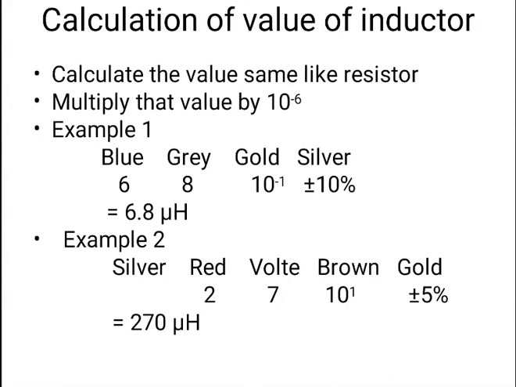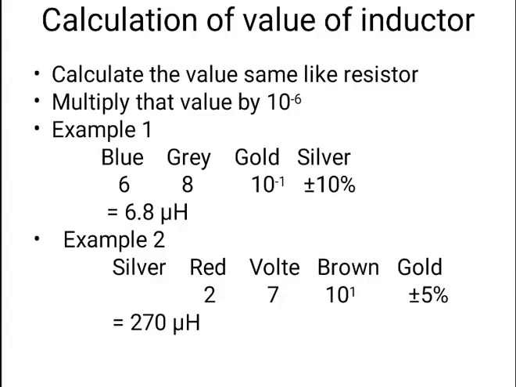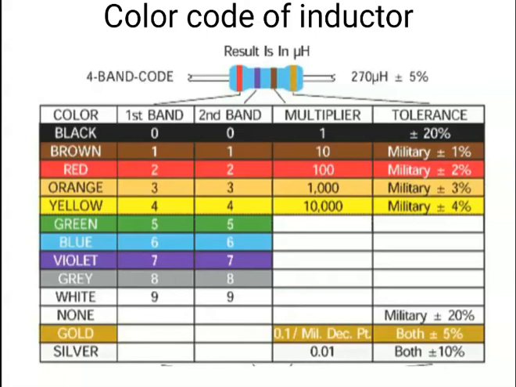I have taken two examples here. Suppose there's a blue, then gray, then gold, then silver. Blue has the number 6, gray has the number 8, so blue and gray make 68. I told you that the third one is always the multiplier. The third one is gold.